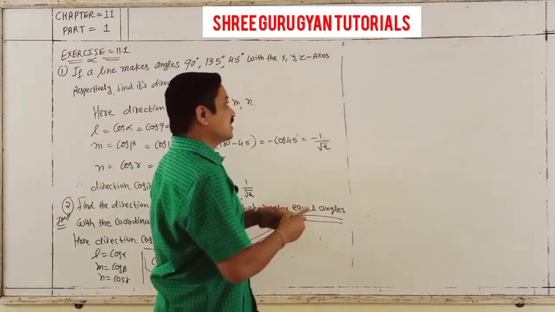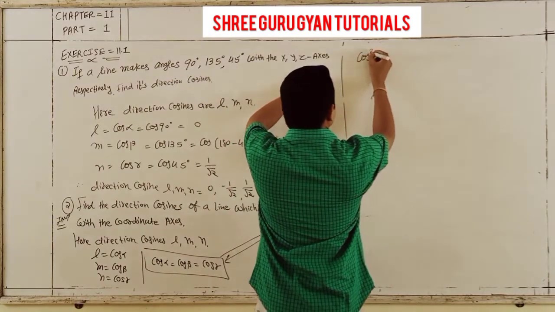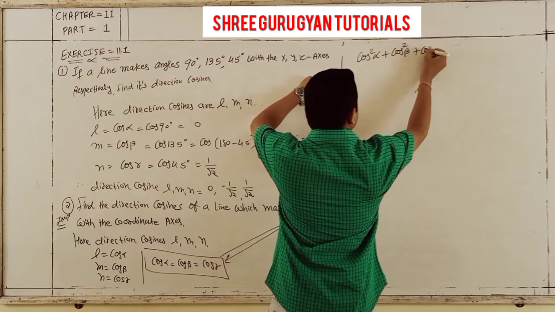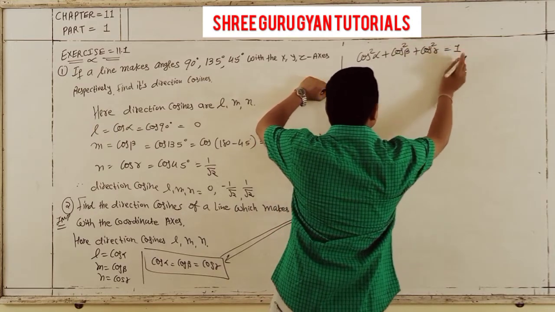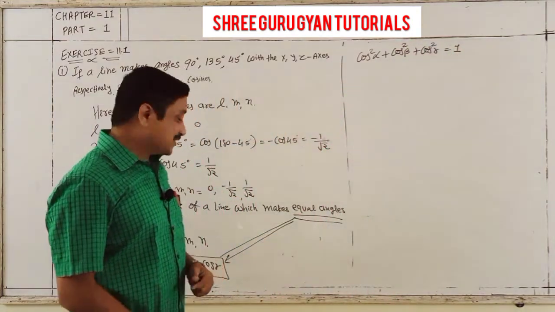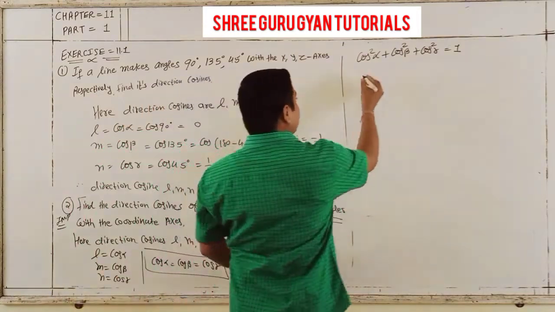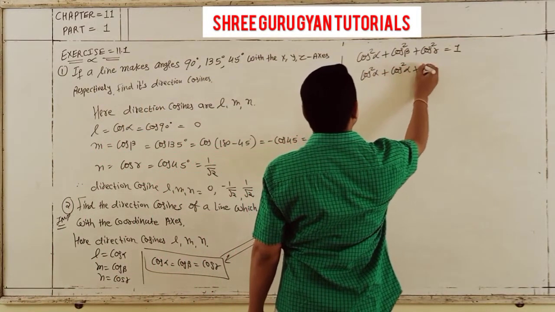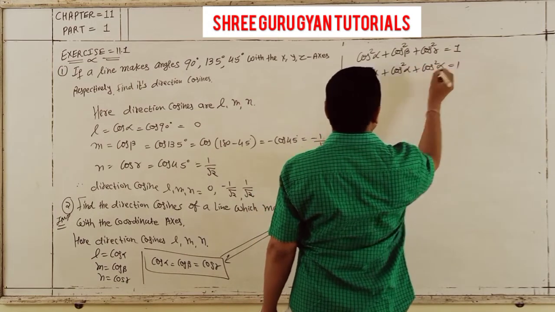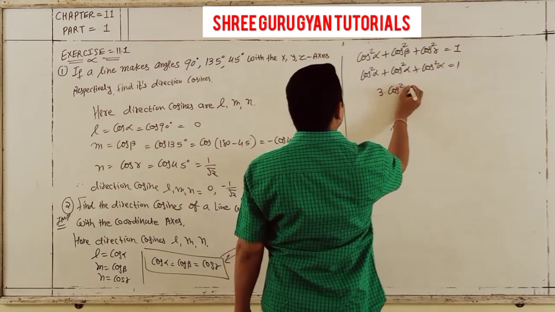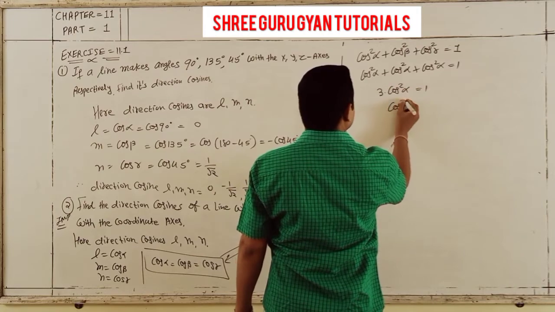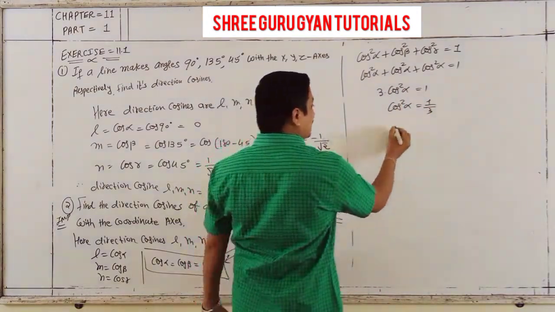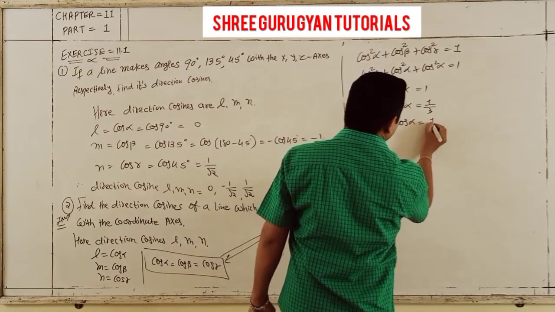So I apply cos square alpha plus cos square beta plus cos square gamma equals 1. But cos square alpha, cos square beta, cos square gamma are indirectly the same. So can I write the same cos square alpha three times? 3 times cos square alpha, it means cos square alpha is equal to 1 by 3. So cos alpha is 1 by root 3.